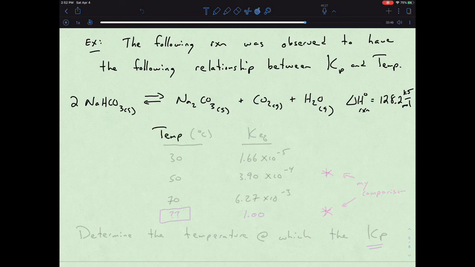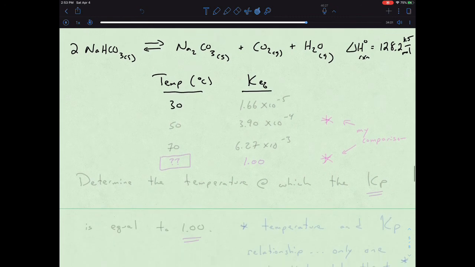So there's our reaction, and we have a number of values now as far as relating temperature to our equilibrium constant. At 30 degrees Celsius, we have a constant of 1.66 times 10 to negative fifth. We increase that to 50 degrees Celsius, we have a value of 3.90 times 10 to negative fourth.